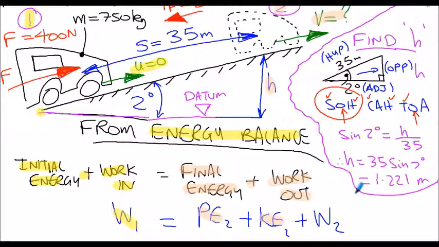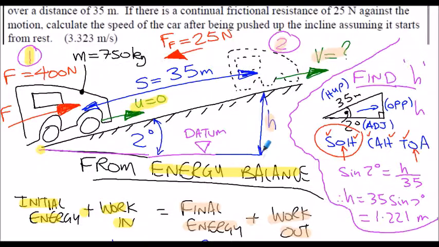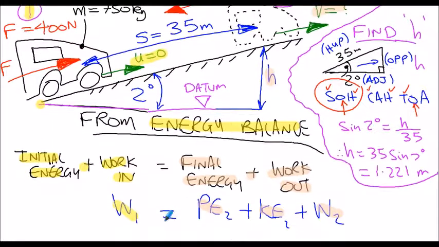And we have some work out of the system because we're told there's a frictional force of 25 newtons that's constantly resisting the motion over that 35 meters. So we definitely have work out of the system. So from our energy balance this time, on the left-hand side of the equation, we have work into the system, and on the right-hand side, that work is transferred into potential energy, kinetic energy, and also we lose some work out of the system due to the frictional effects.